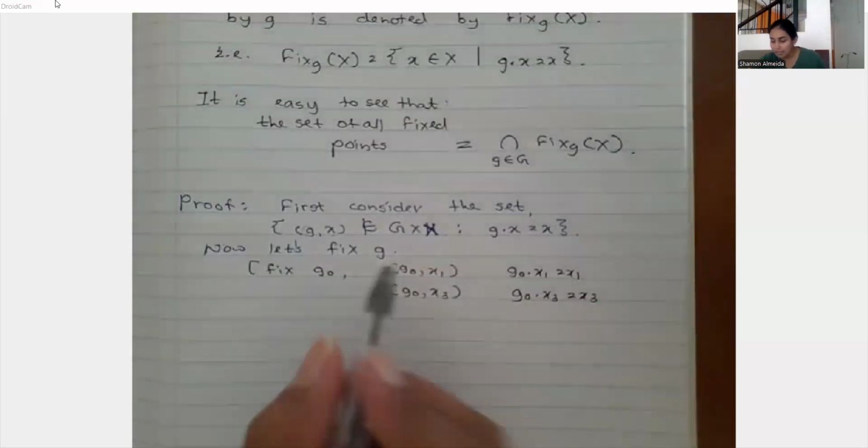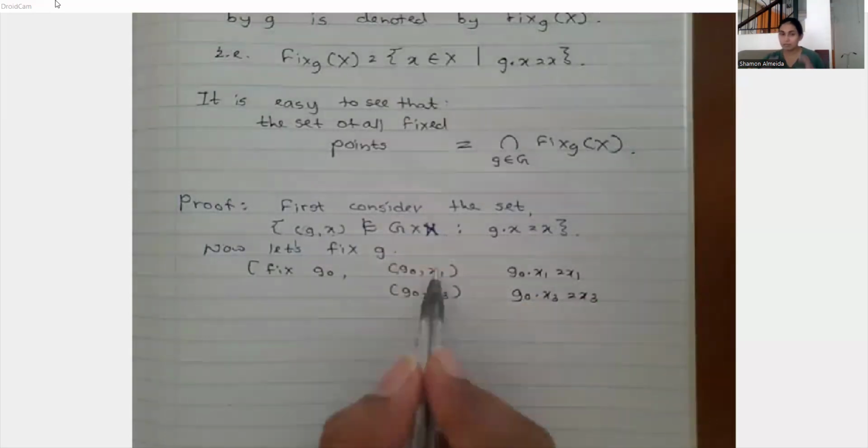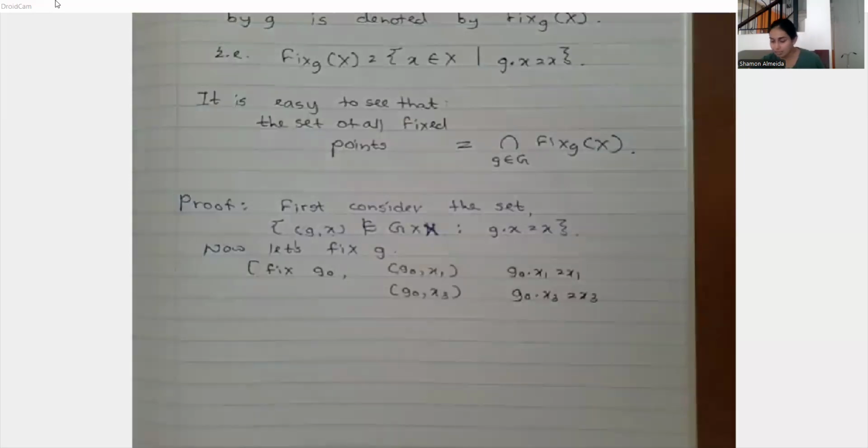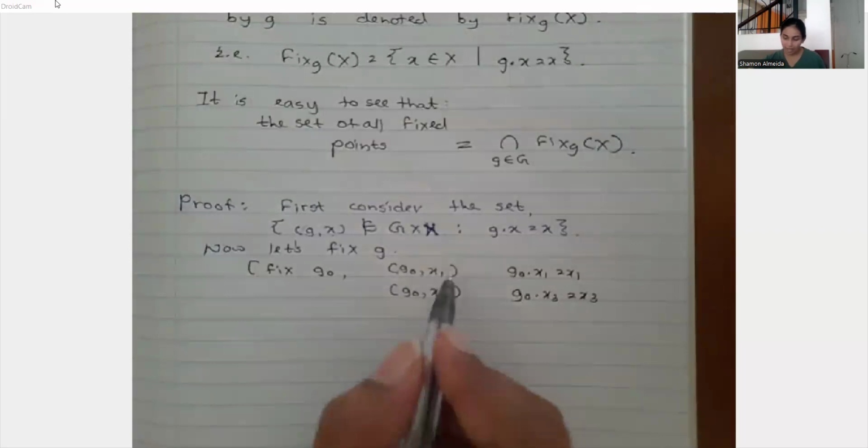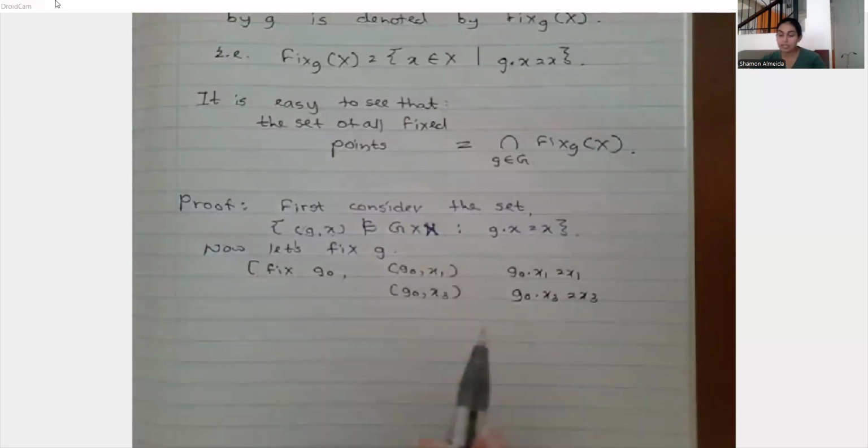So all the x's that are coming from these pairs are elements in the set X that are fixed by g.